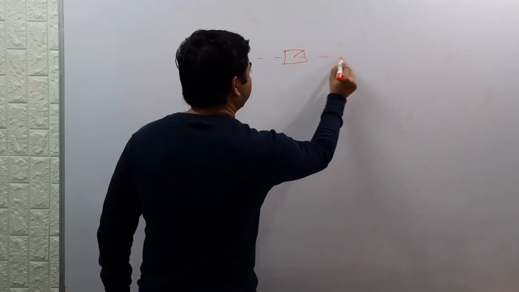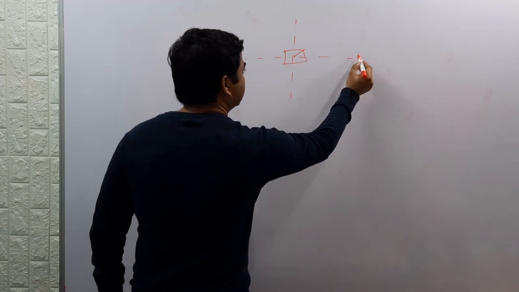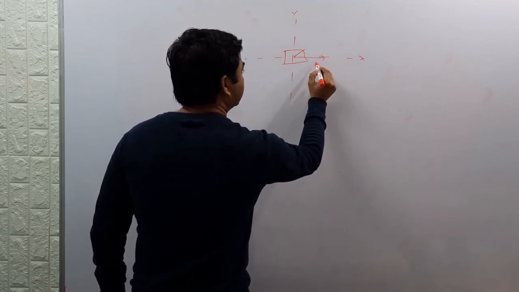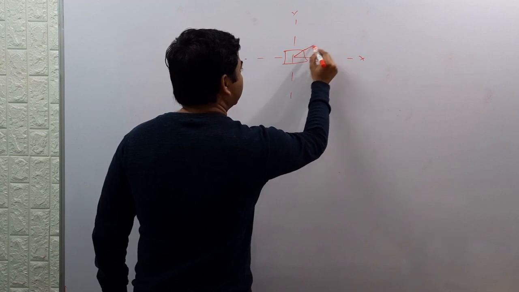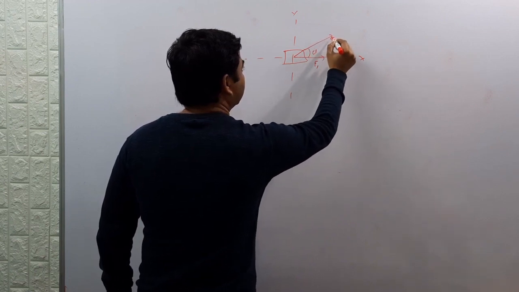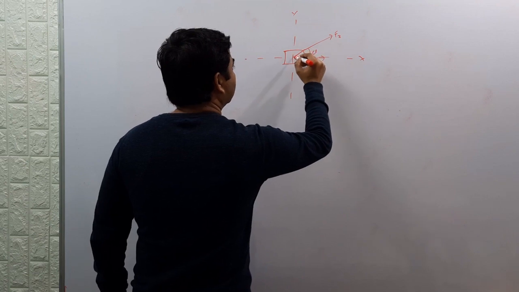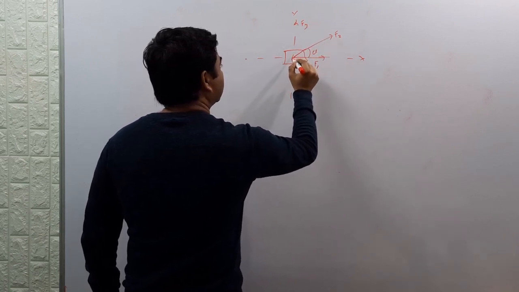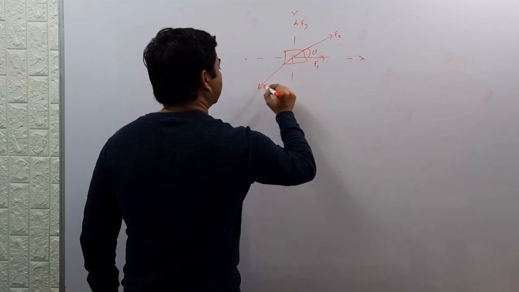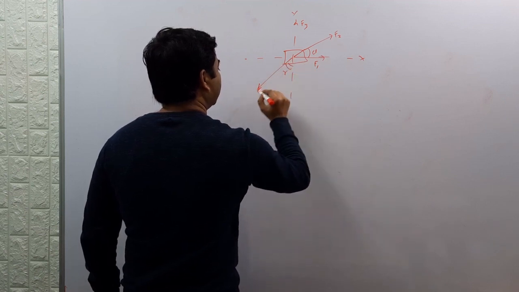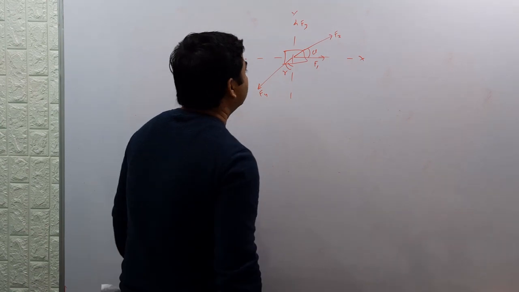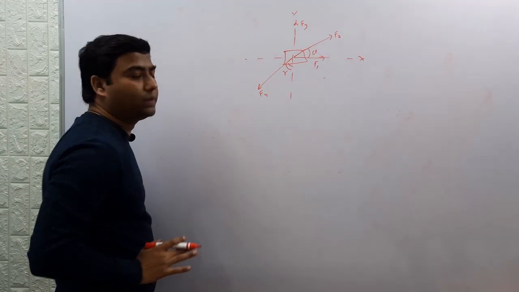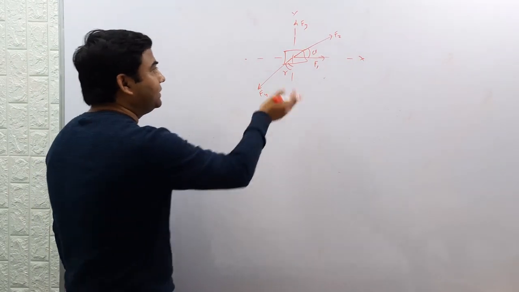This is X and this is Y. This is one force F1. This is another force at theta, F2. This is F3. This is at alpha, F4. So these forces F1, F2, F3 are acting on this particle. They have different angles.